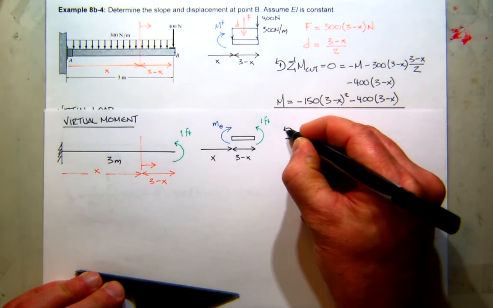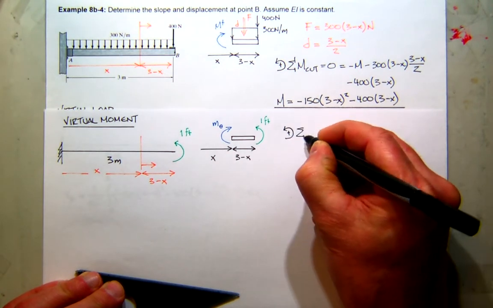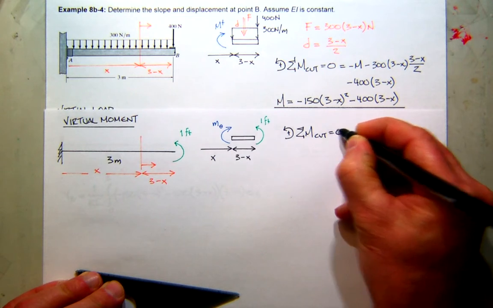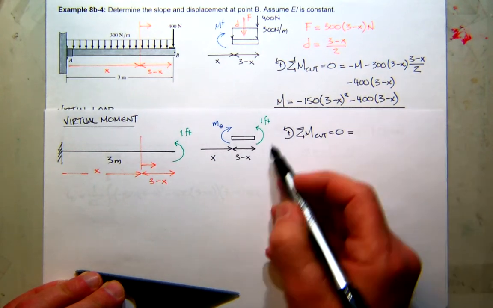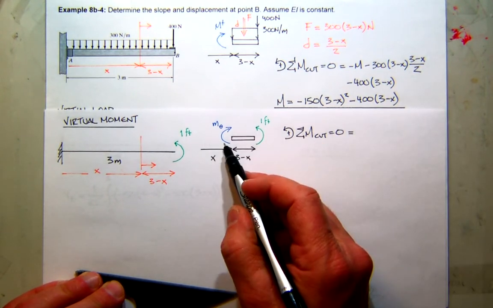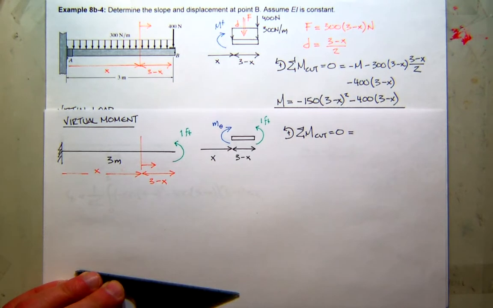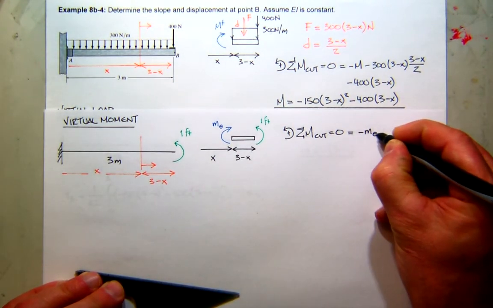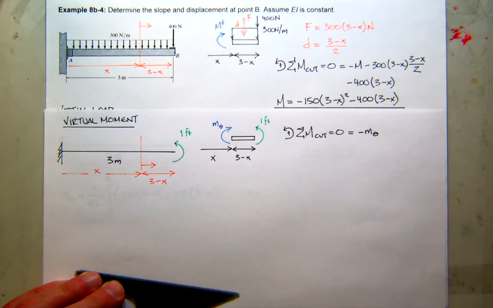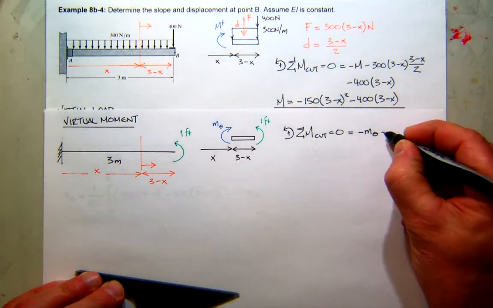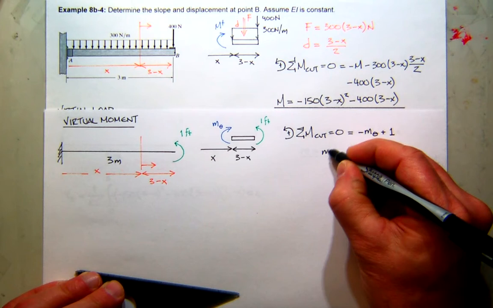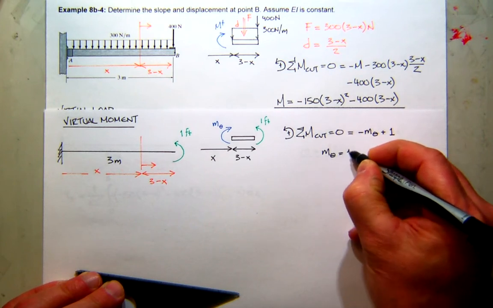We'll do the equilibrium of the system. So I'll sum moments about the cut, make sure it's in equilibrium, 0. So let's see what we've got here. My internal moment with my sign convention is positive or negative? Negative. And the applied moment is positive or negative? That's it. So what's the virtual moment? 1.